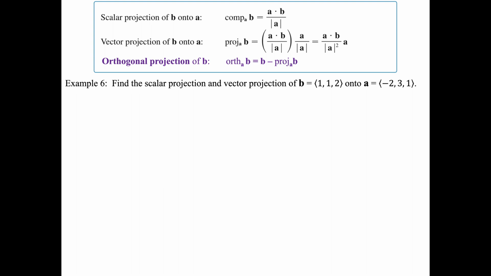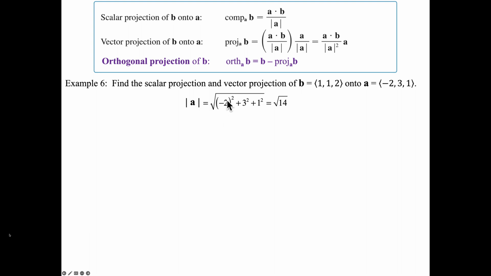Okay, so example. Find the scalar projection and the vector projection of B, which equals 1, 1, 2, onto vector A equals negative 2, 3, 1. So this is all set up, vector B onto A. So we want to look for that shadow. What do we need? Well, we're going to need the magnitude of A. No matter which one we use, we have to find the magnitude of A. So let's go find that right away.